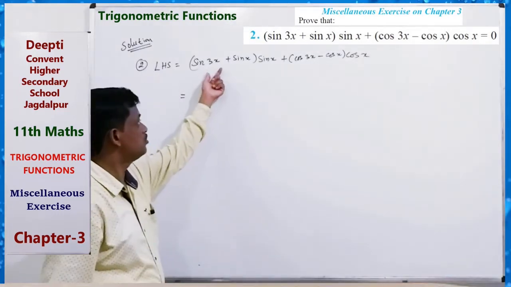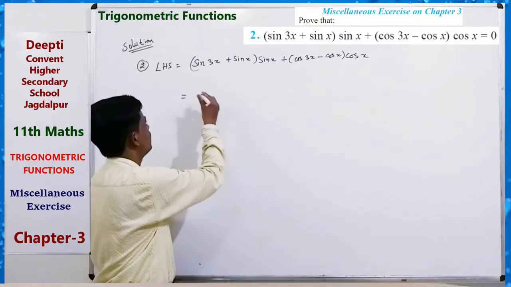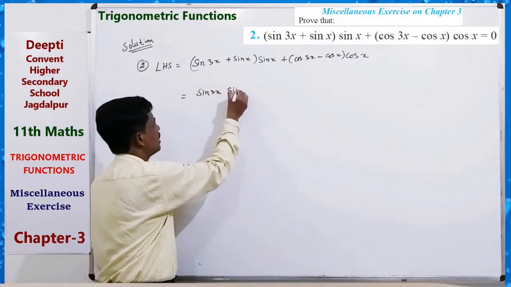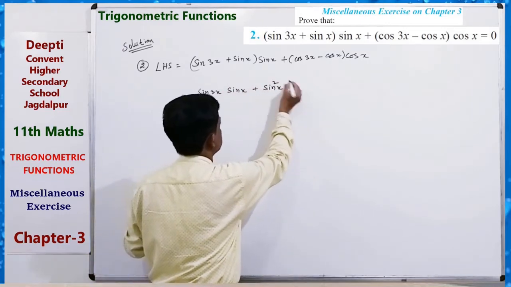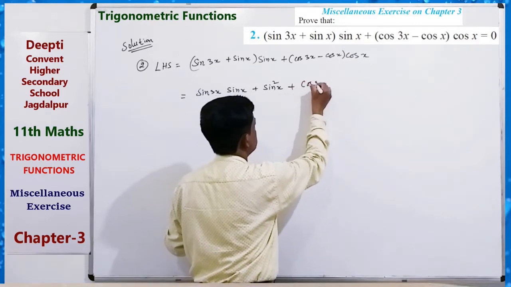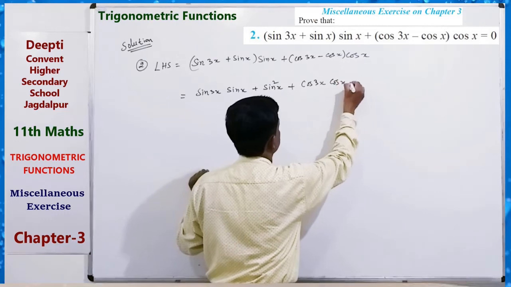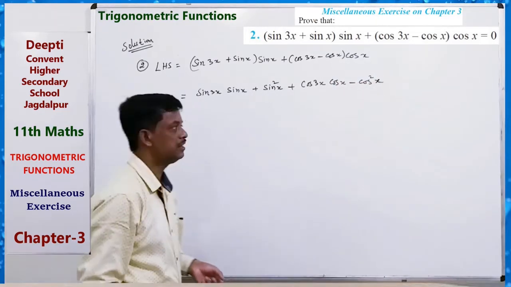I also can use that formula, but just suppose we have to multiply like this: sin 3x into sin x plus sin square x, just multiply. Here also cos 3x into cos x minus cos square x, we can write, multiply. Clear?